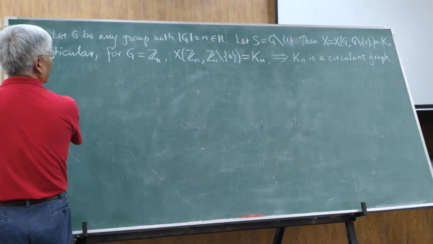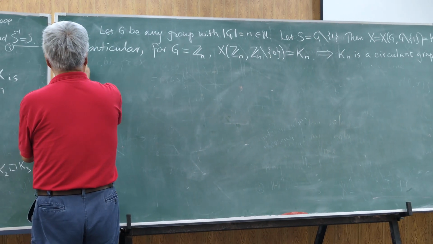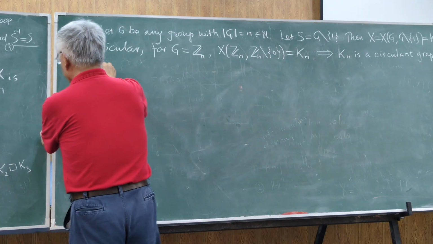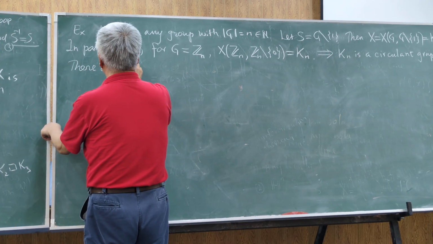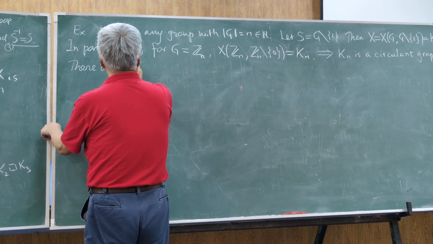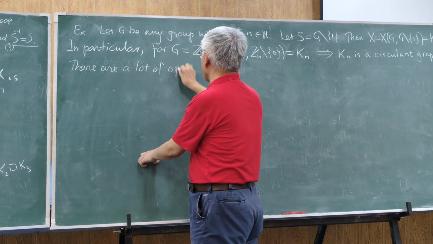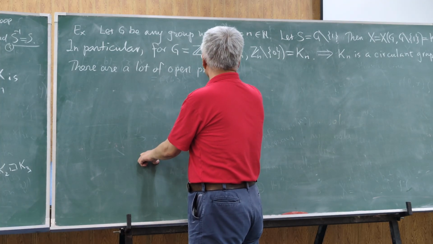The second type of graphs, of course, there are lots of open problems. I didn't write any except verbally presenting one of them. I will give verbally a few of them. There are a lot of open problems. Every one of them seems to be difficult and beautiful.